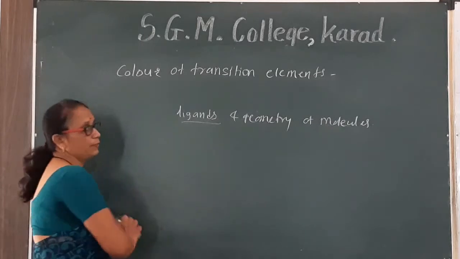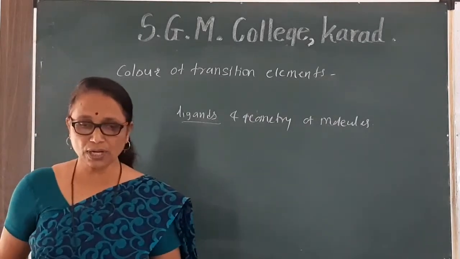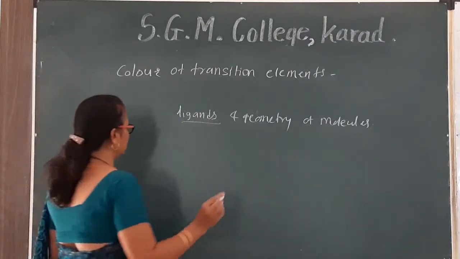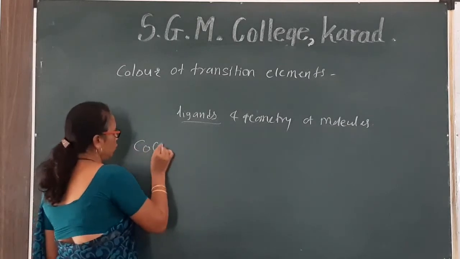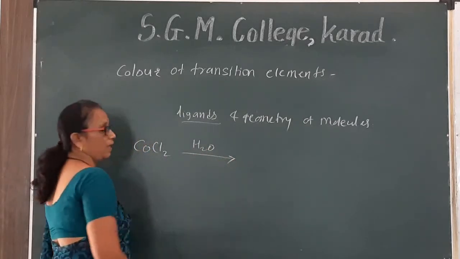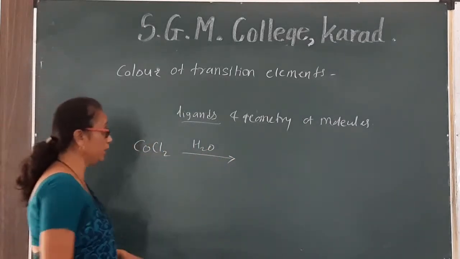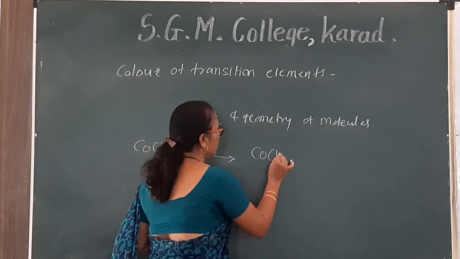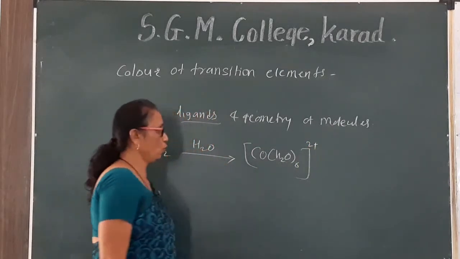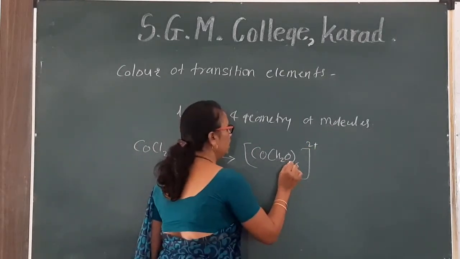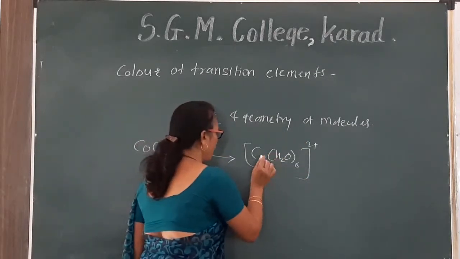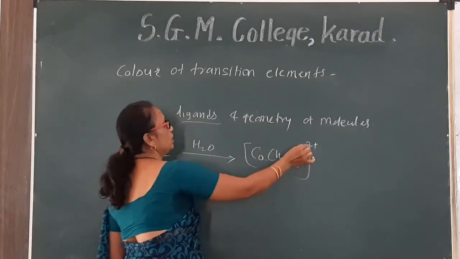The color of the transition metals depends on the ligand as well as the geometry of the molecule. How does it depend? When cobalt chloride, CoCl2, is dissolved in water, there is a formation of the complex [Co(H2O)6]2+.